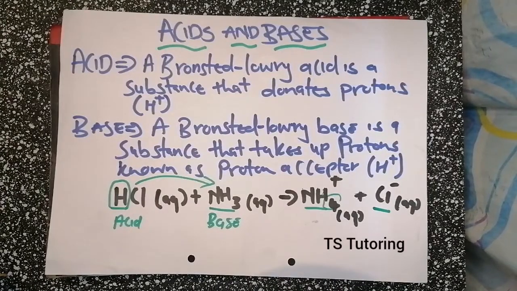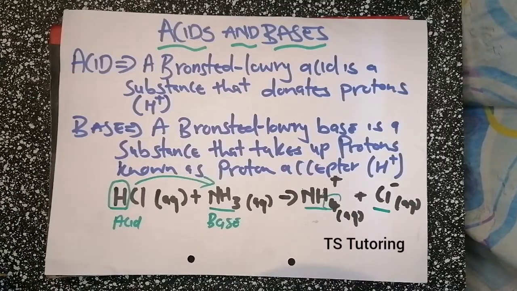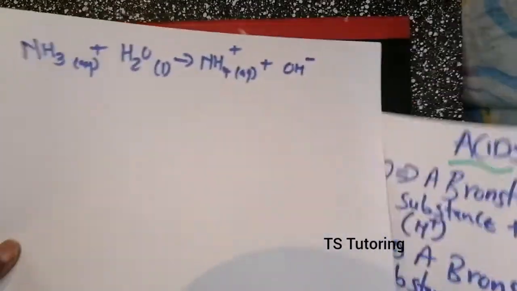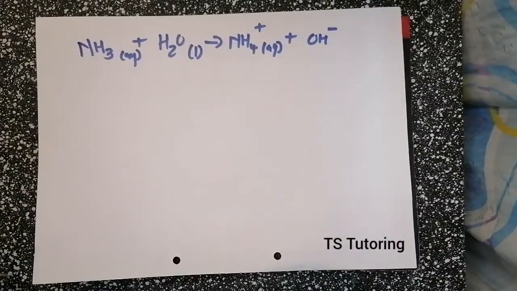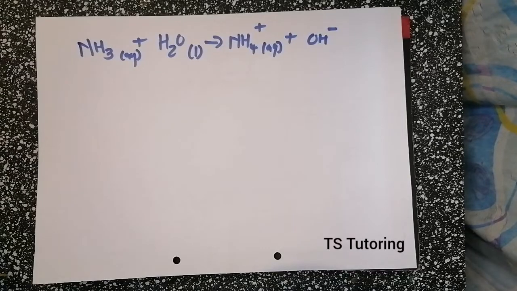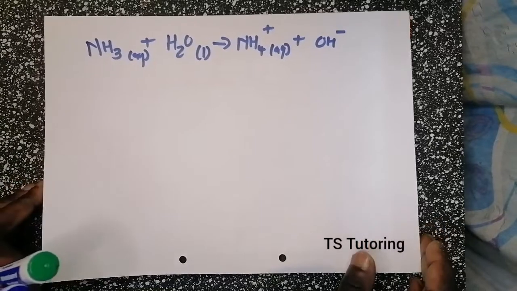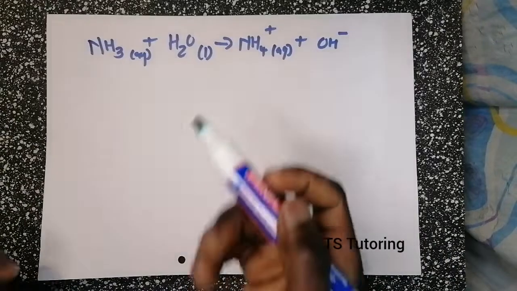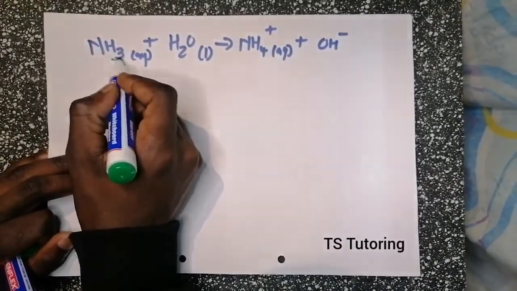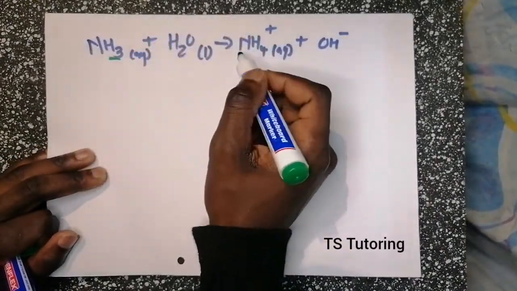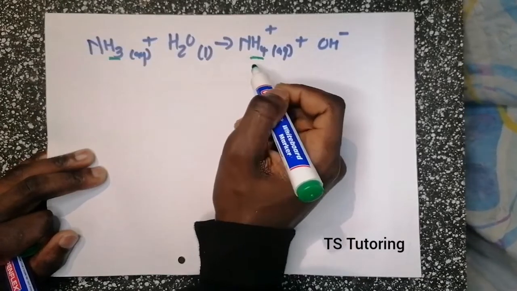Now, let's look at other reactions too. Let's see if we can identify an acid and a base. Looking at this reaction, we had 3 protons here, and on this side, we have 4 protons.